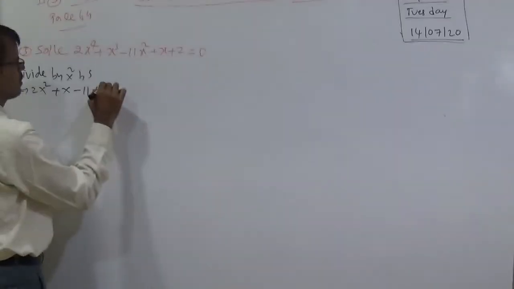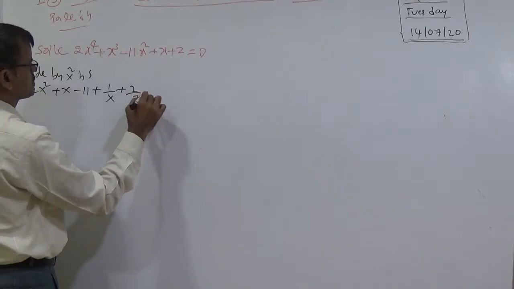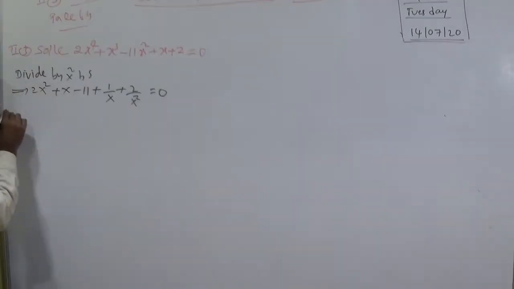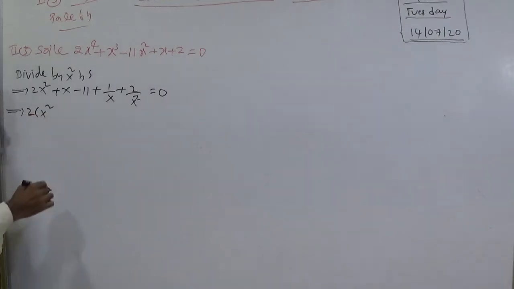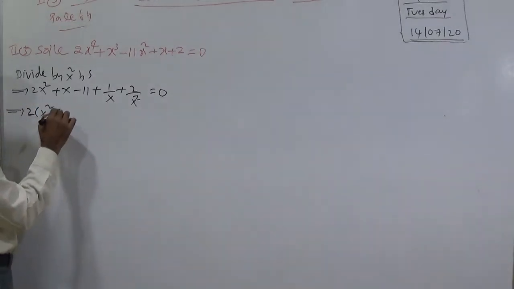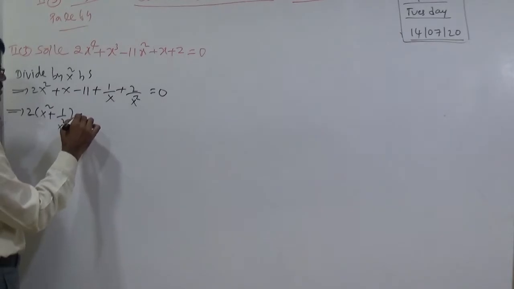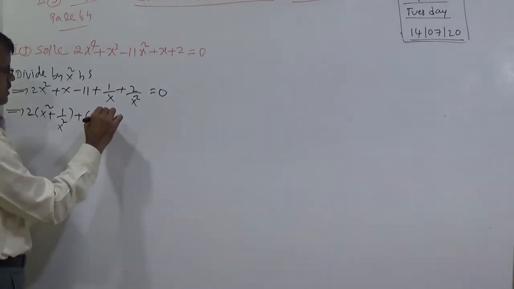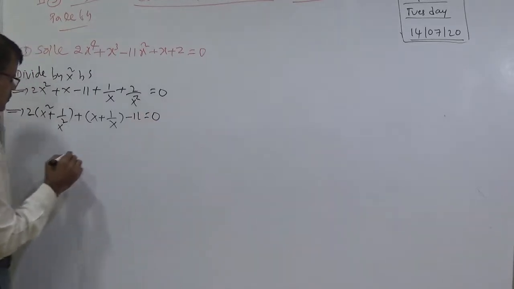This is 2x square plus x minus 11 plus 1 by x plus 2 by x square equal to 0. That implies we can take 2 common for the first term and last term. We can write this as 2 into x square plus 1 by x square, plus x plus 1 by x minus 11 equal to 0.